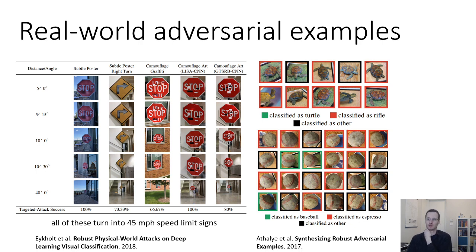Let's look at a few more vivid illustrative examples of this kind of stuff in action. So in the picture on the left, this is from a paper called Robust Physical World Attacks on Deep Learning Visual Classification. Here, the authors are showing natural photographs of various traffic signs that are all classified as 45-mile-an-hour speed limit signs, photographed at different angles and from different directions.